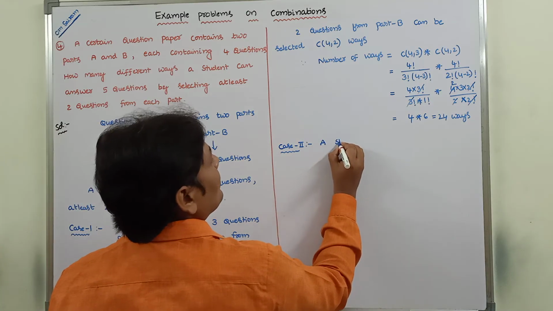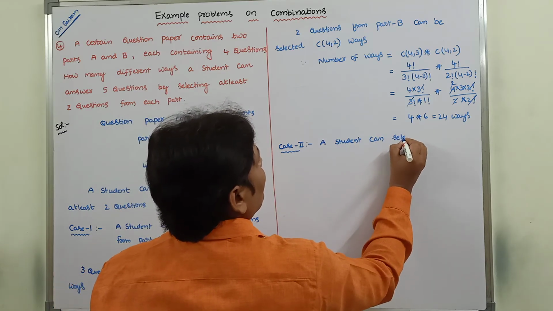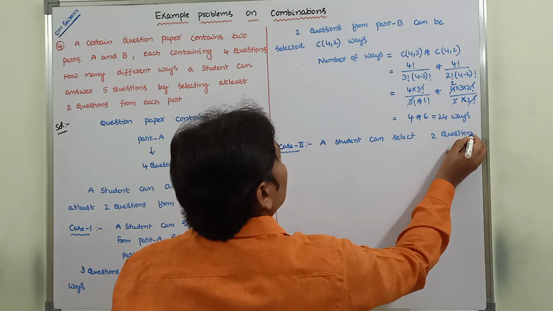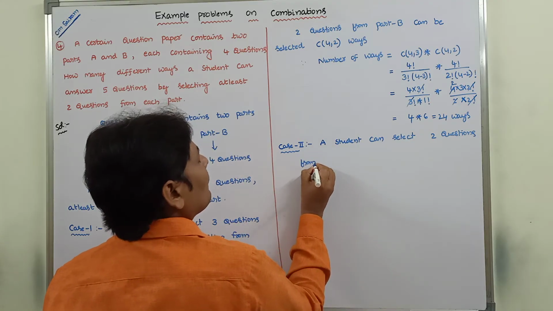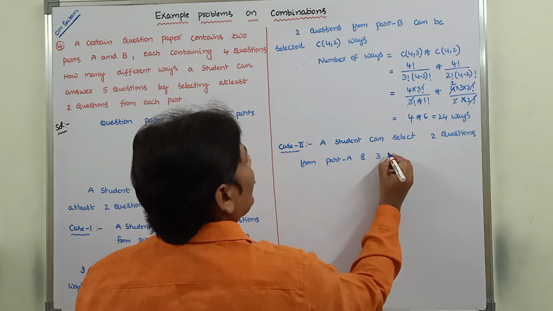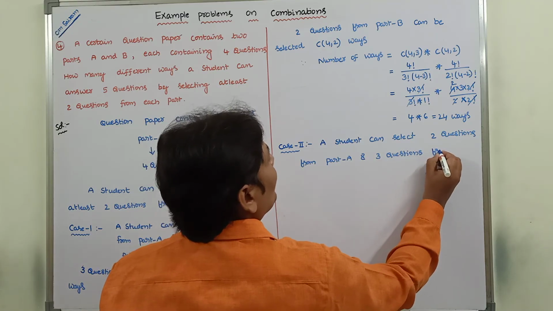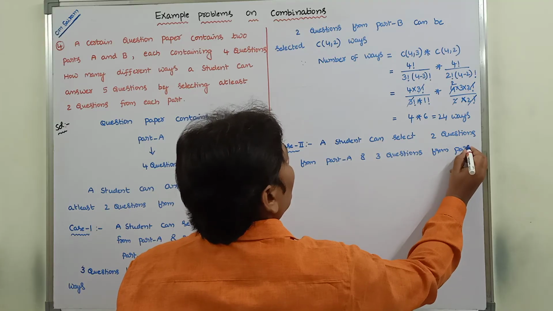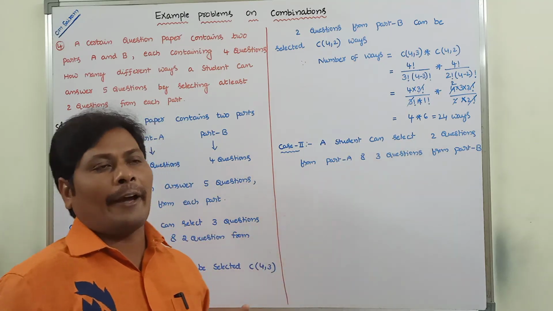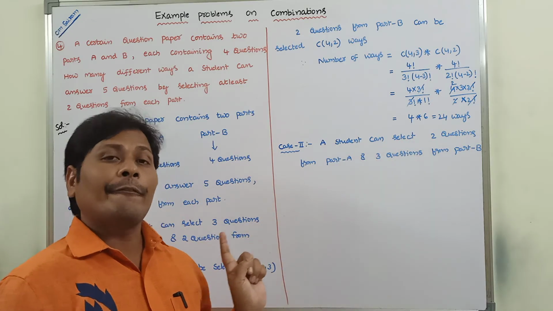So a student can select 2 questions from part A and 3 questions from part B. The total number of questions is 5: part A 2 questions, part B 3 questions, 3 plus 2 is 5 questions.